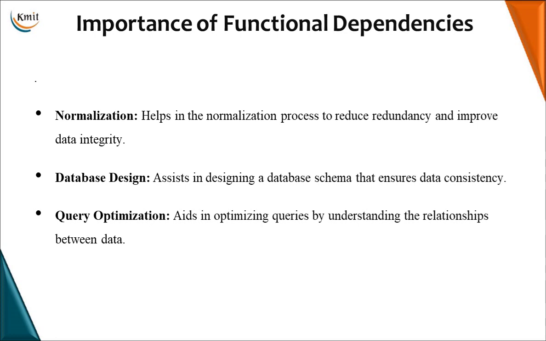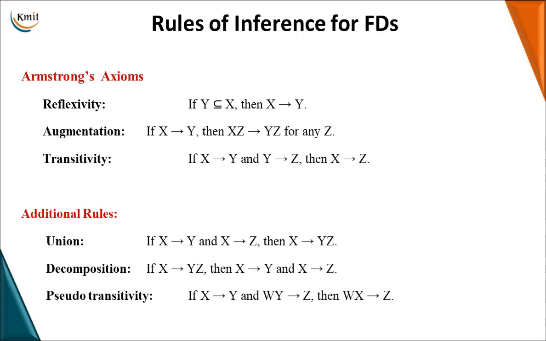So functional dependency plays a key role in deciding how to decompose, or how to split, the table. These FDs can also help you in query optimization and proper data design, that is, designing the schema to ensure data consistency.